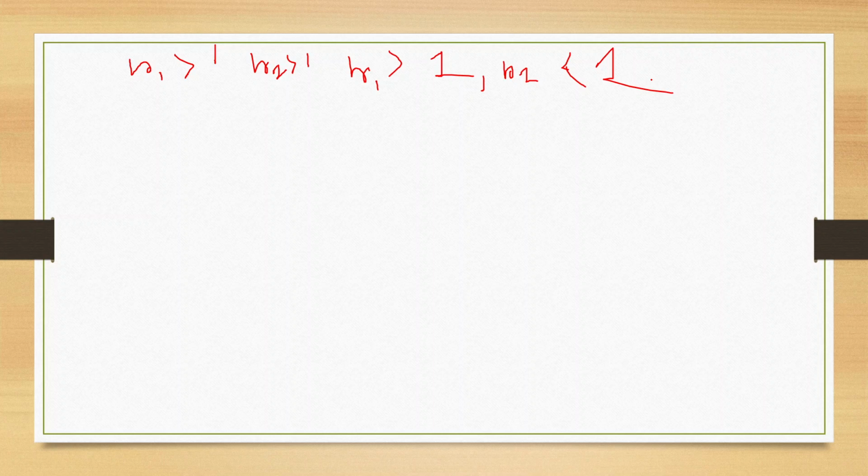So suppose we take this particular problem. It states r1 is greater than 1. So M1's tendency to react with itself is greater than M2's reaction with another similar M2 monomer.